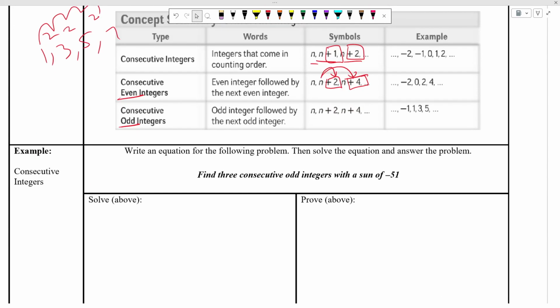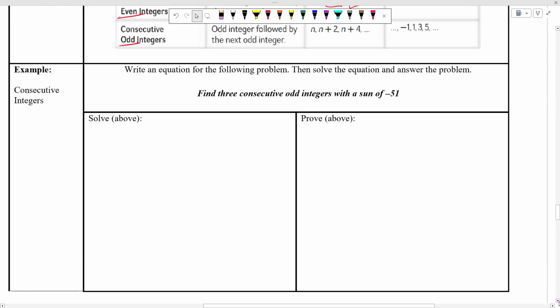So here we go. Here we got our first example here. So this is a consecutive odd integer problem. And I said just a second ago, odd numbers, examples of them being 1, 3, 5, 7, where they skip by 2 each time. So keep that in mind here. So kind of a word problem here.